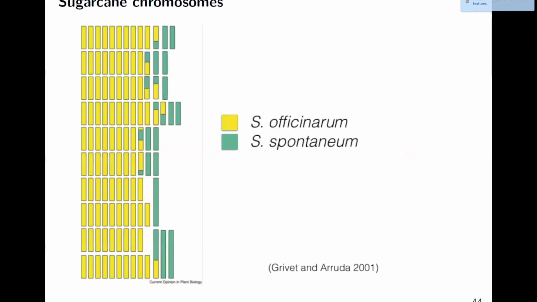This is a diagram that's pretty common to see in sugarcane presentations that shows what the chromosomes in sugarcane look like. Here they put colors on each of the species that form the hybrids. The main thing I'd like to point out is that we have many copies of each of the chromosomes.